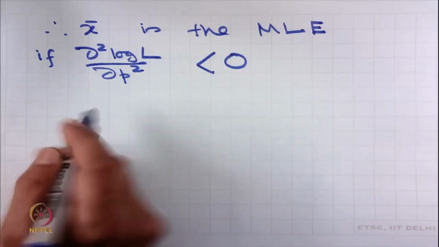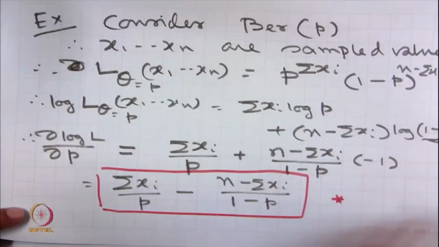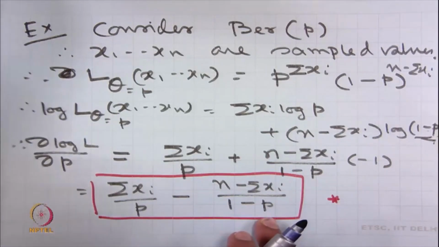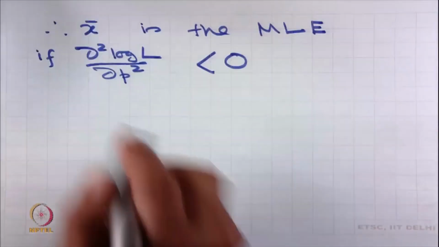We already had del log L del p is equal to this. So, now we are differentiating this with respect to p.